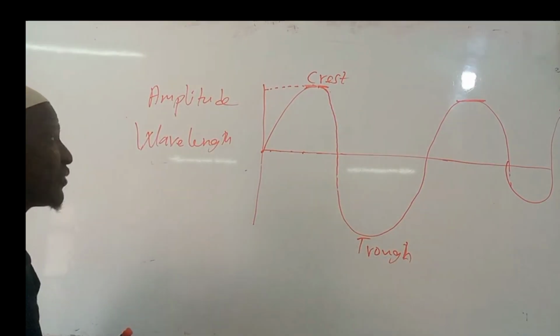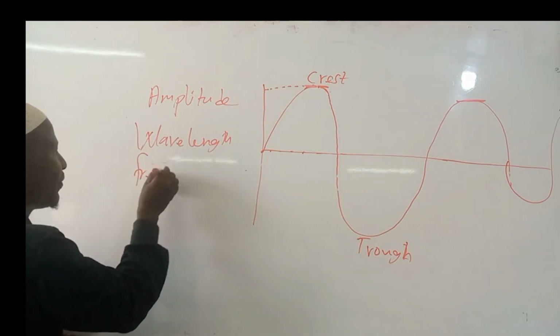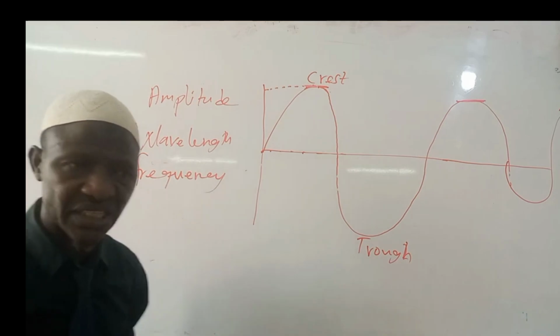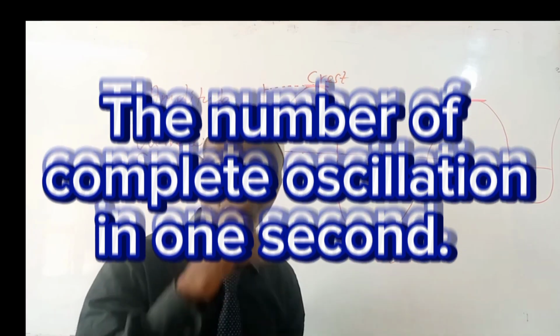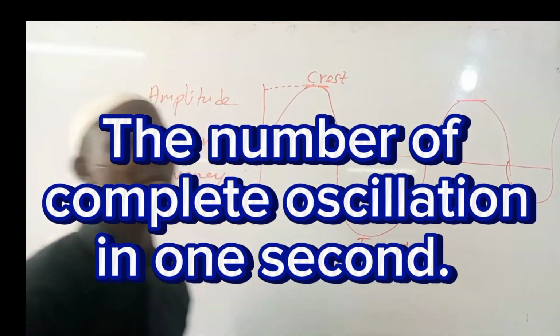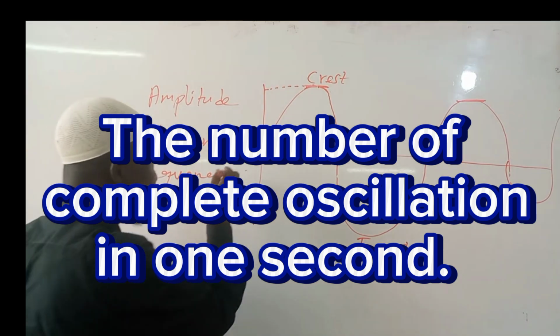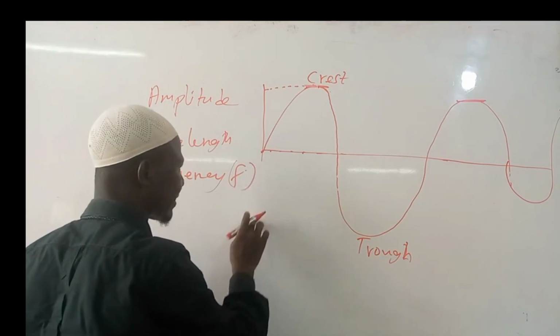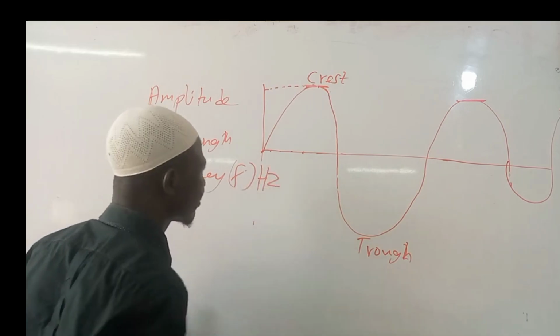Then another term is frequency. What is frequency? The number of complete oscillations in a second is called frequency, F. The unit is hertz, Hz.